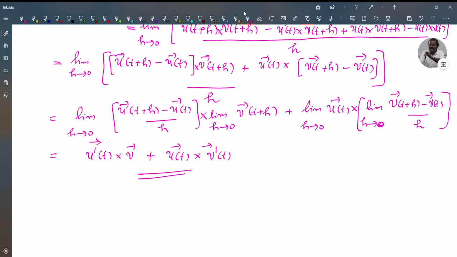So here the order of the cross product is very important, and limit h tends to 0, u of t is u of t itself, that is u cross v the whole prime equal to u prime cross v plus u cross v prime.